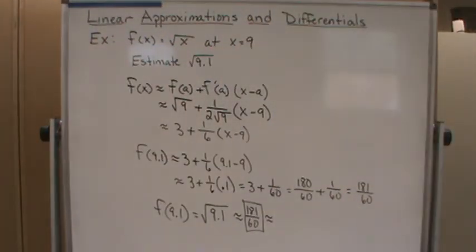Let me get my calculator. We do 181 divided by 60. It's going to be slightly more than 3. I get 3.0167.